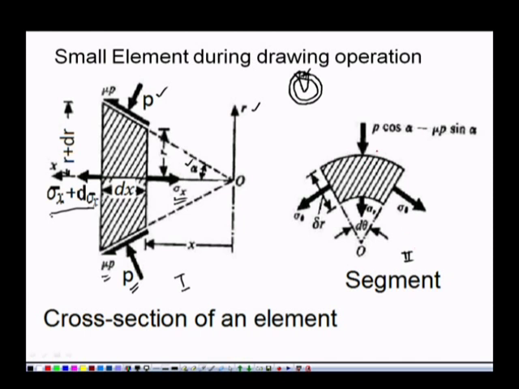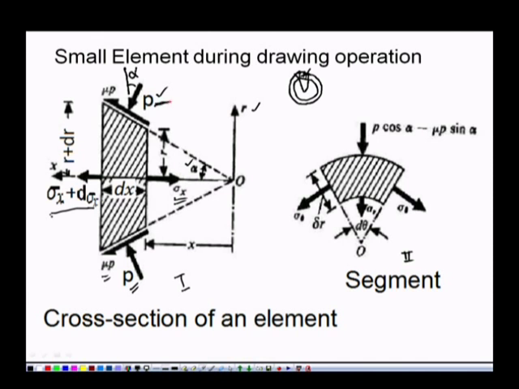In that, the force P is acting here in the first figure. From the top, if it is a vertical line, this angle would be our alpha, and the other direction is horizontal.